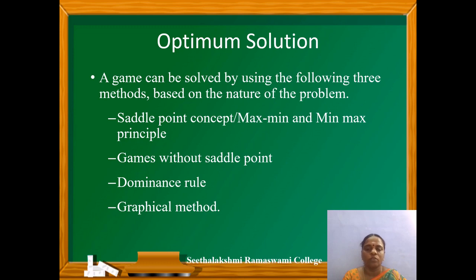Next one is the optimum solution. A game can be solved by using the following methods based on the nature of the problem. First one is the saddle point concept, that is the maximin and minimax principle. Then games without saddle point: dominance rule and graphical method.